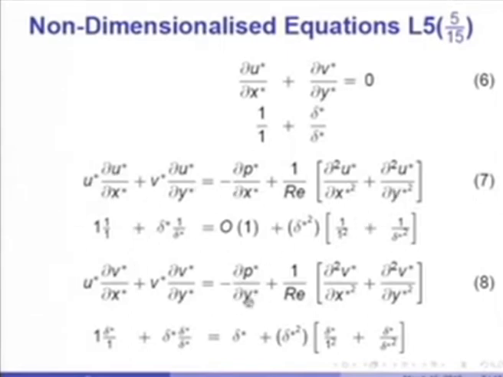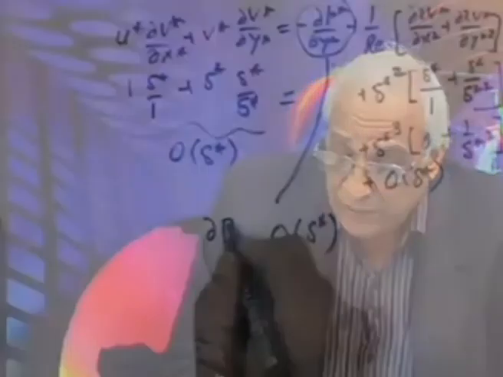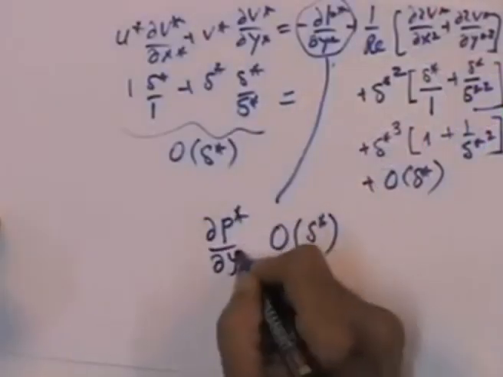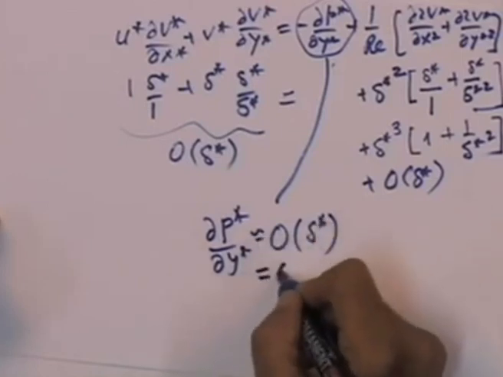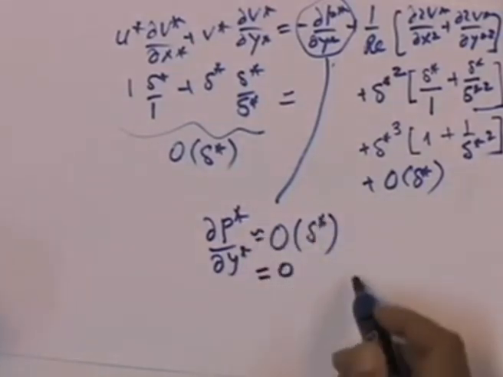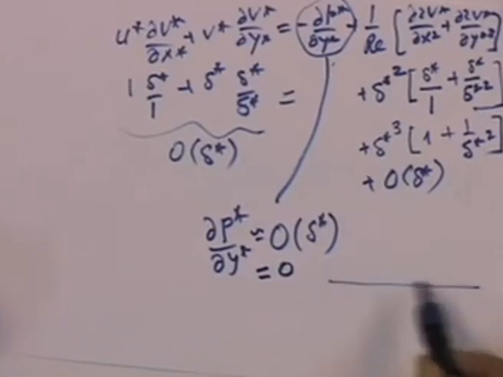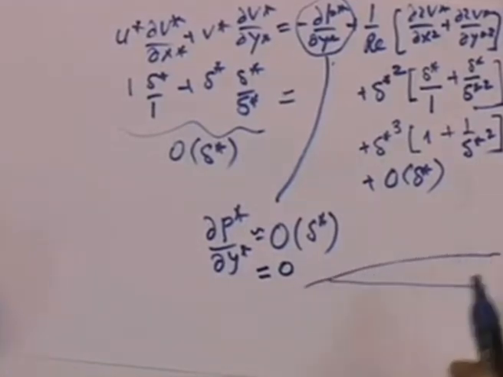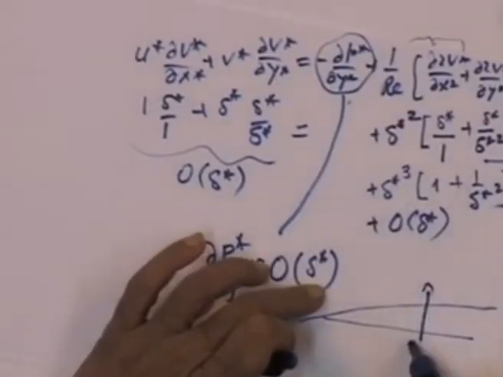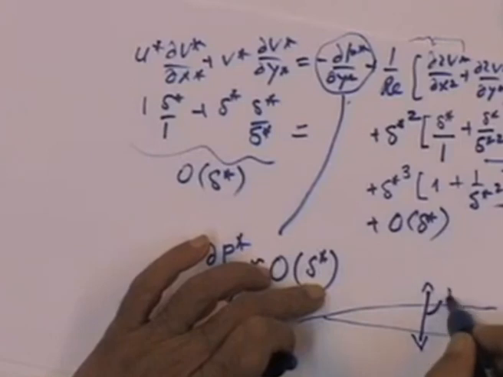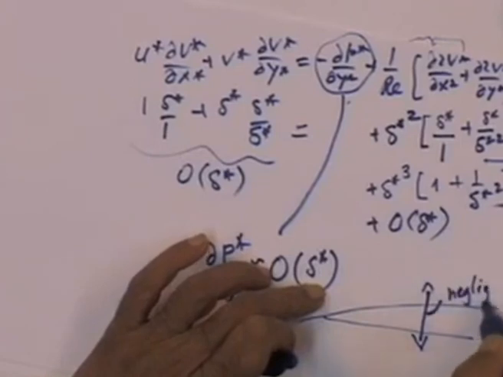And the principal deduction from this is that dp star by dy star is of the order delta star or can be taken as 0. What this says therefore is that in a boundary layer in a long and thin flow, the pressure variation is negligible in y direction.